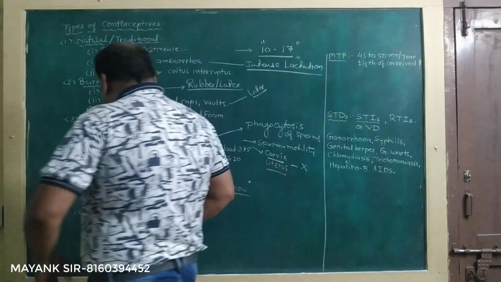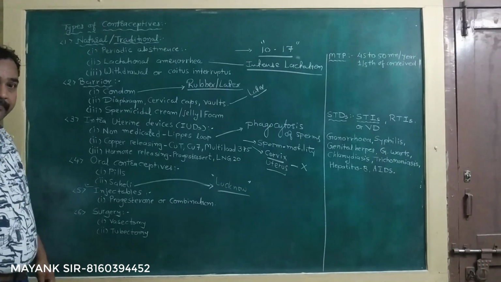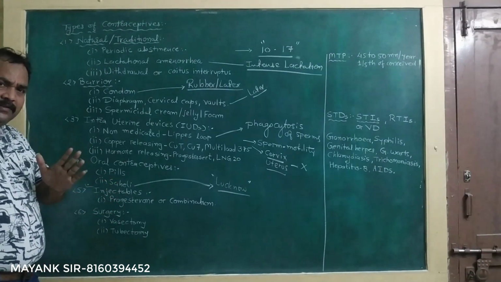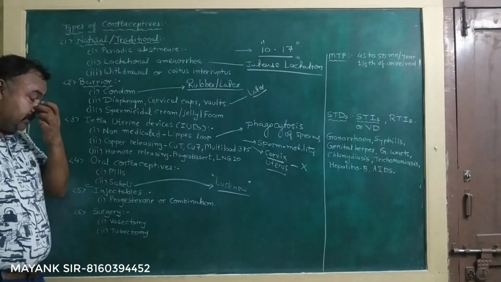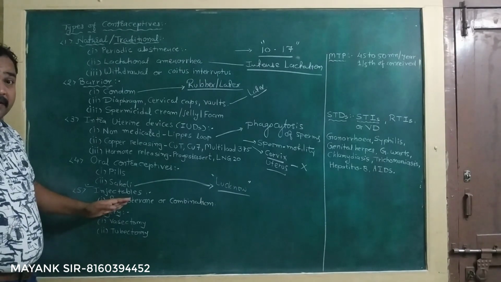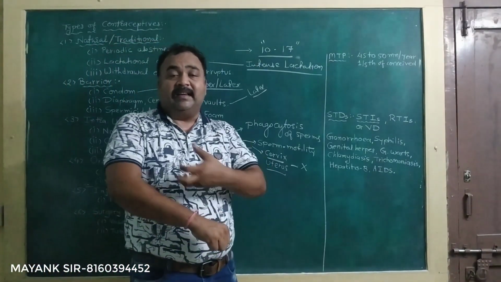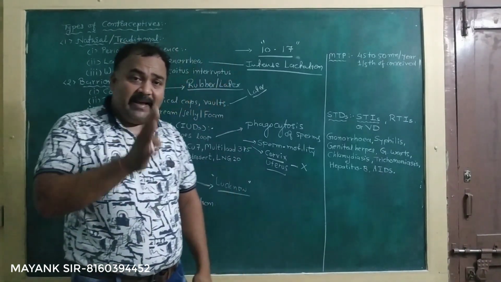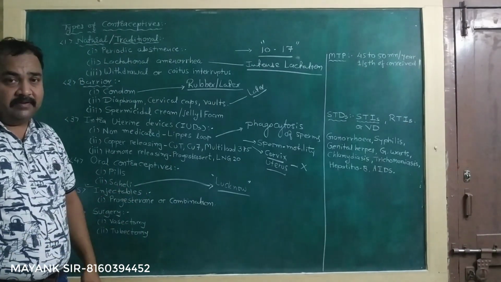Okay? And now come the injectables or implants. The injectables or implants are again progestogen and estrogen combinations. They have the same concentration as pills, but the injections are given under the skin of the female, and they also have as high a contraceptive value as pills.